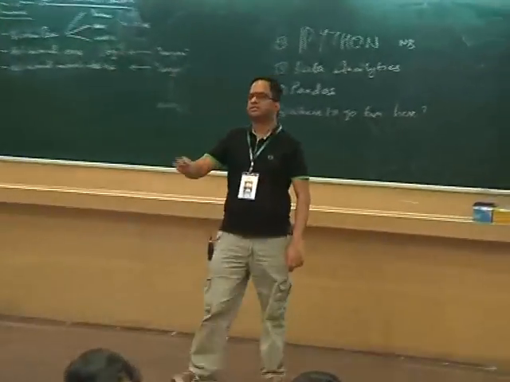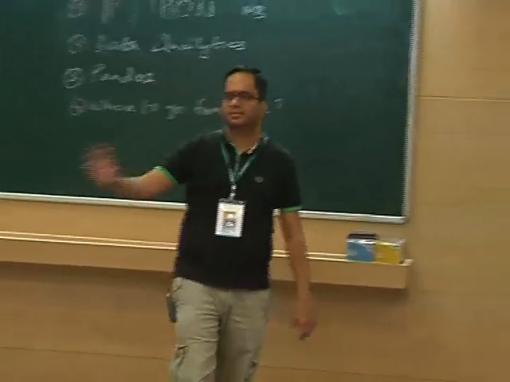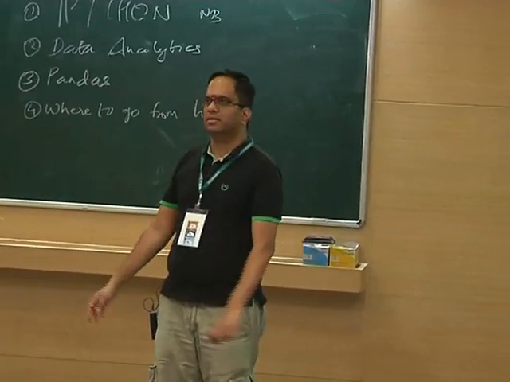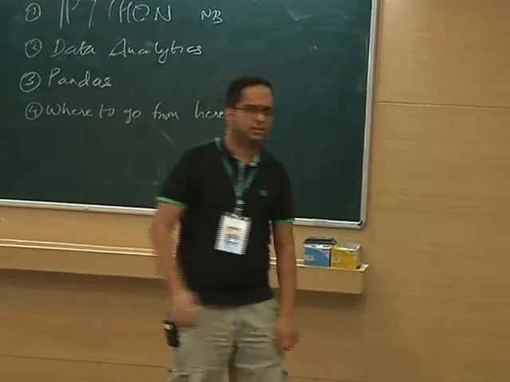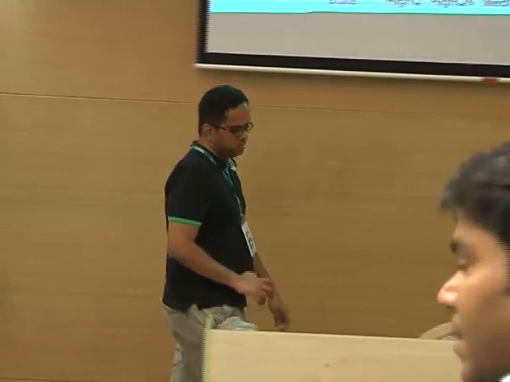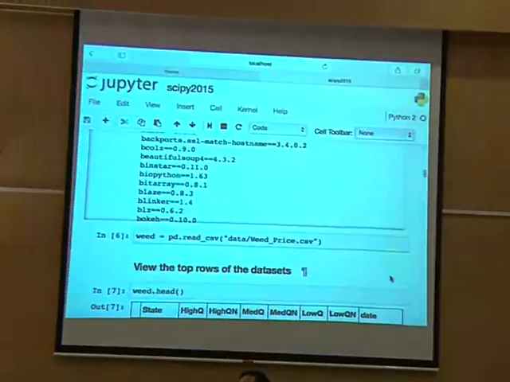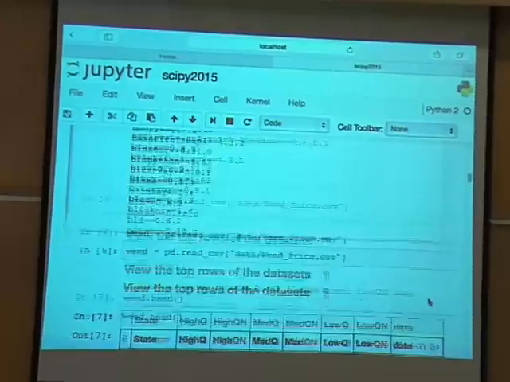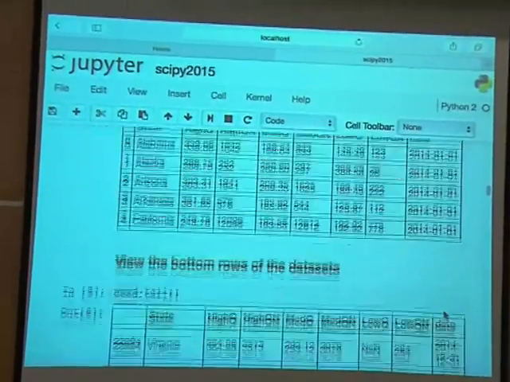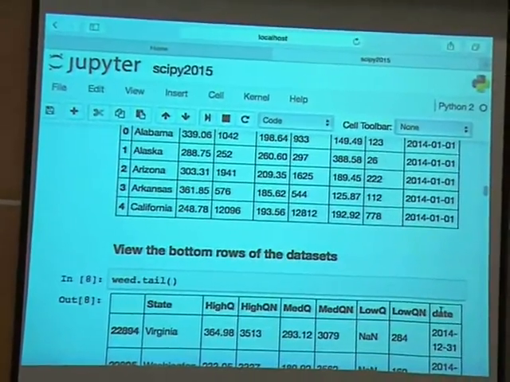So how many of you are still working on challenges? For everyone else, are you able to read the file so far? And then can you do a head and tail? Does it come like this?